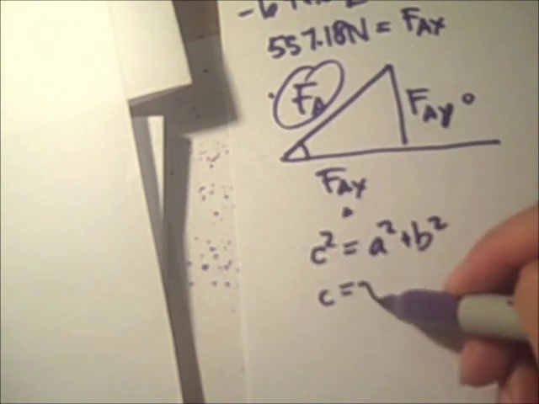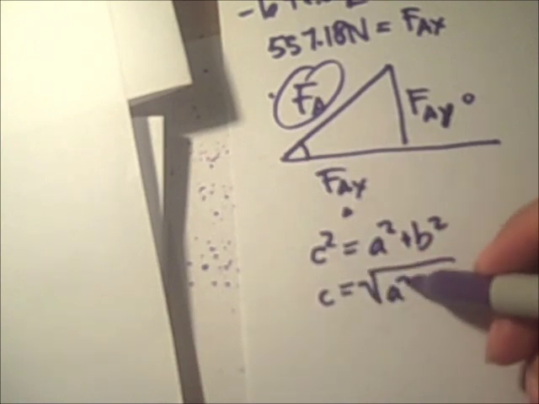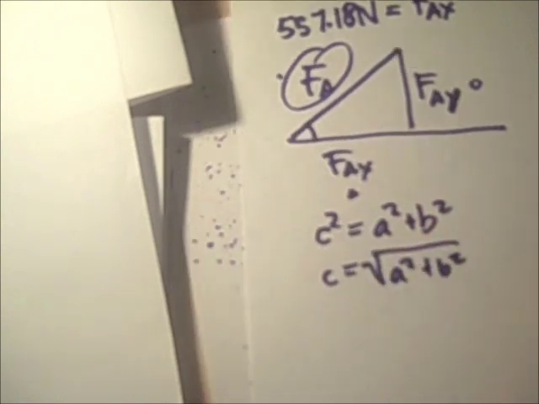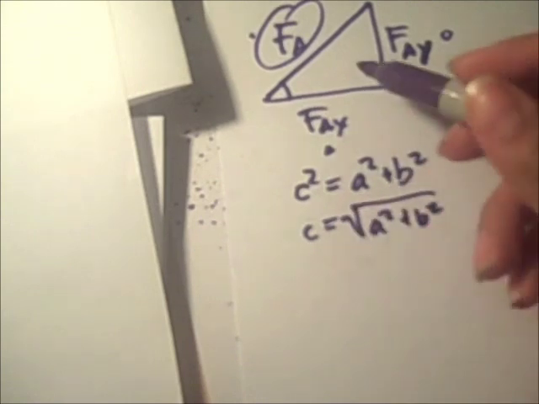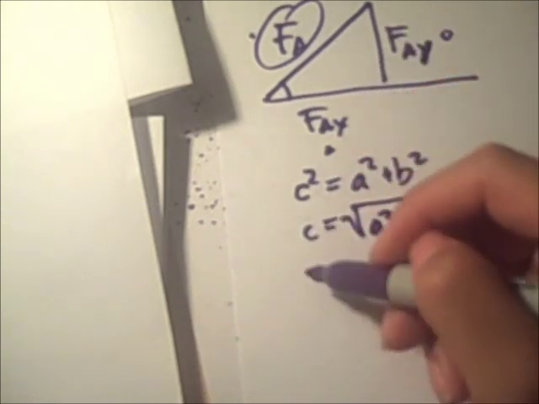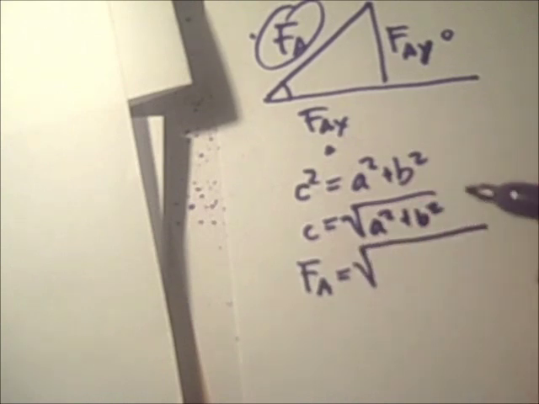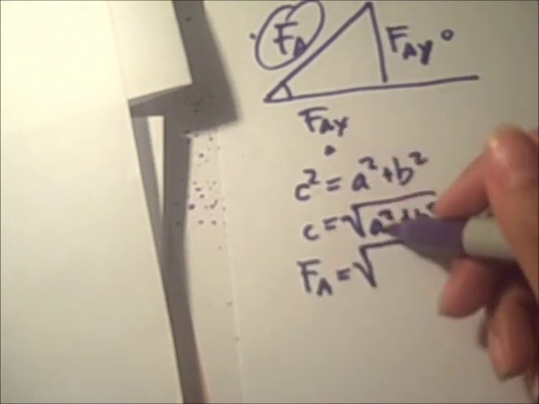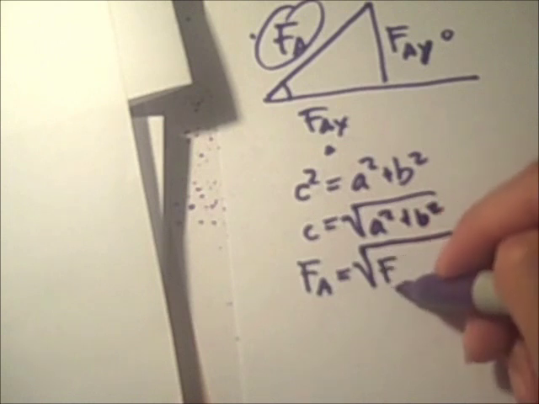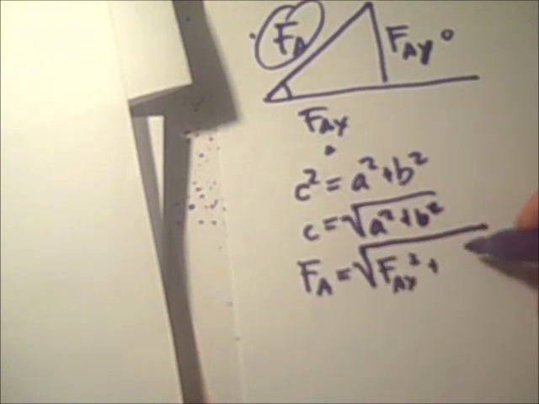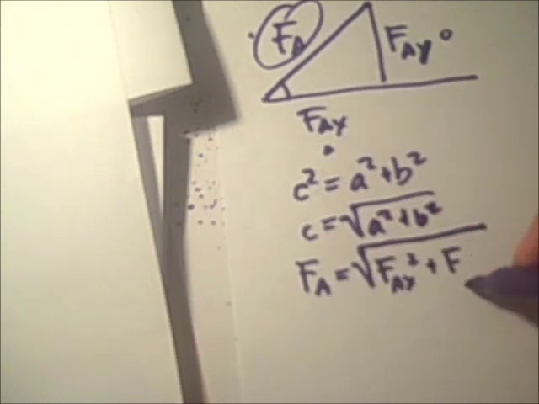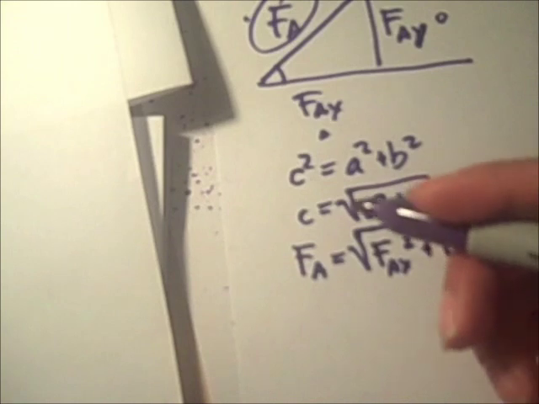We're going to move this over so it's easier to find what c is, and I'm going to put it in terms where it would probably be easier for us to solve. So I'm just going to assume a equals F_Ax, and then b equals F_Ay. And then basically you just plug in your knowns from here. Just plug and check.